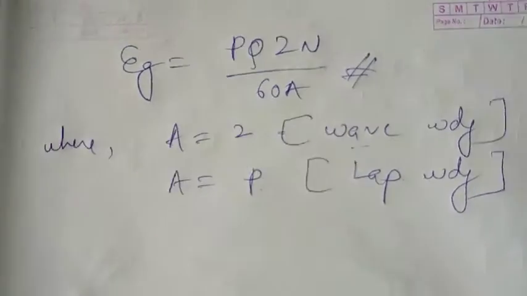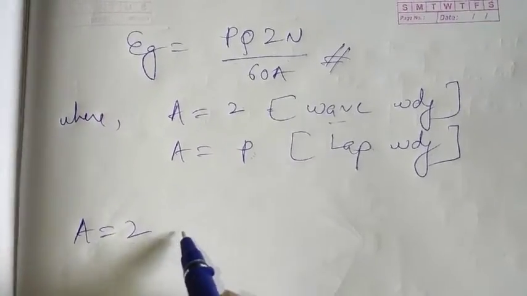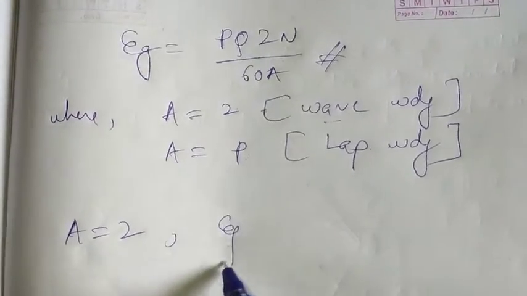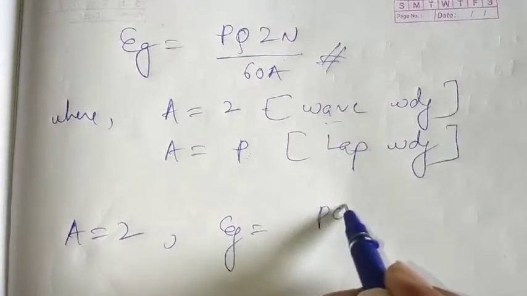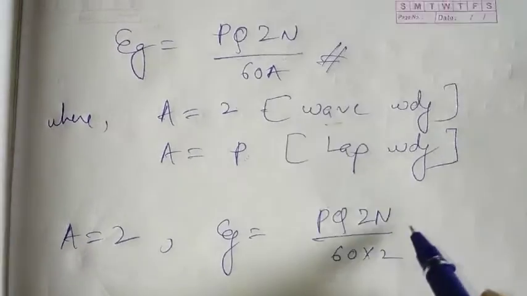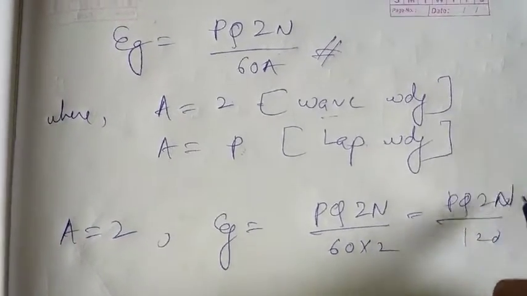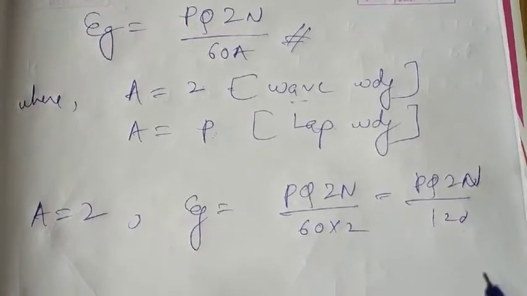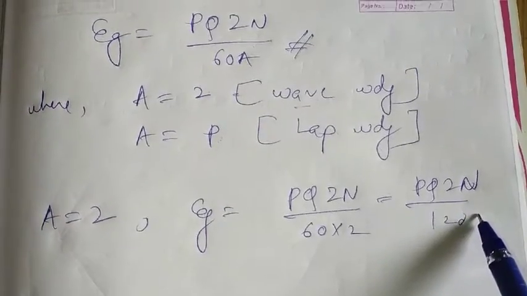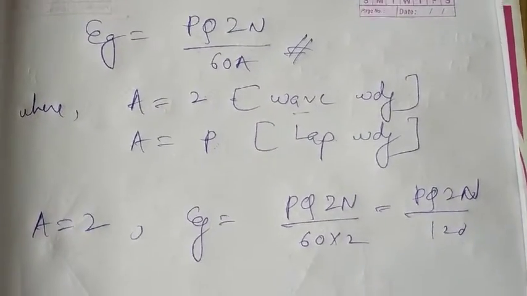Or else you can simplify: if A is equal to 2, then Eg equals P phi Z N by 60 into 2, that is P phi Z N by 120. So if it is wave winding, you can directly take this equation, or else you can always take the general equation and then substitute.